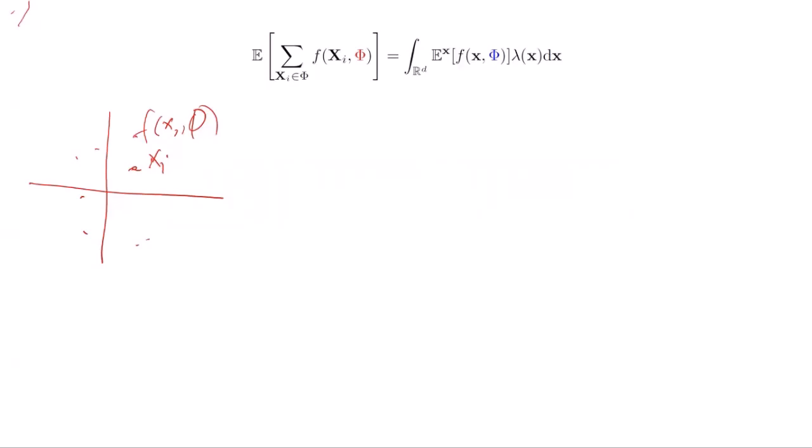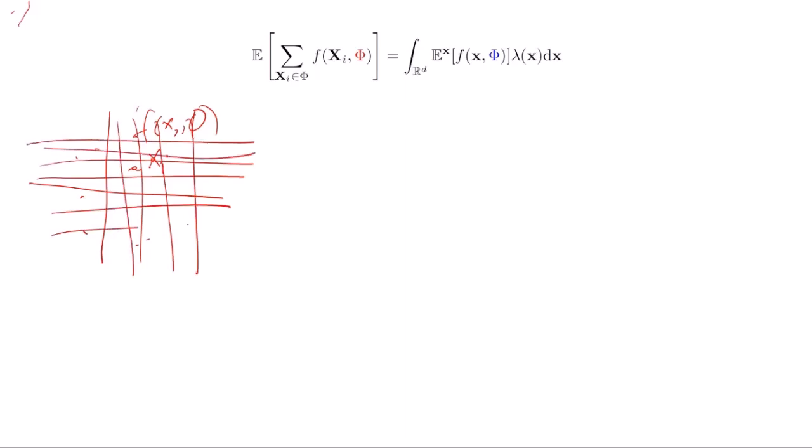So you can divide the space into small sets like this, and the total expectation will be basically the summation over each of these intervals. So I divide the area into small intervals ds belonging to R^d and compute this expectation.